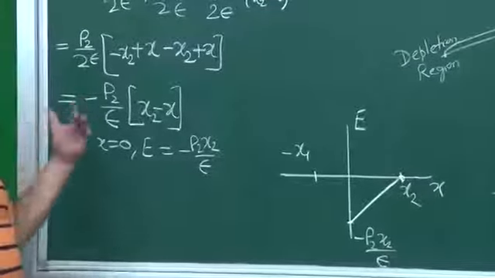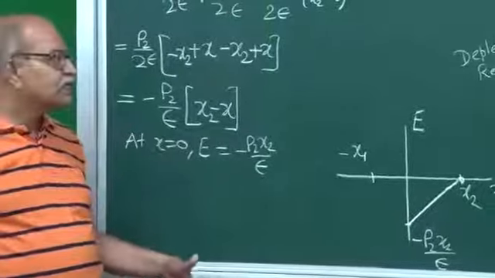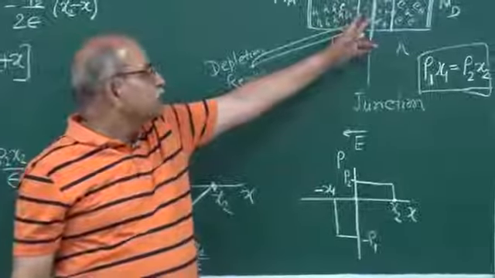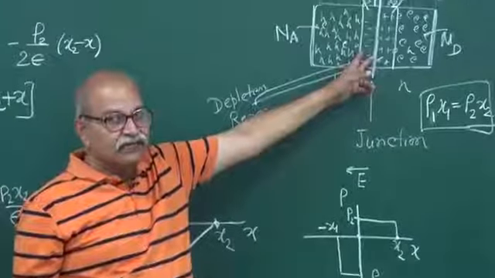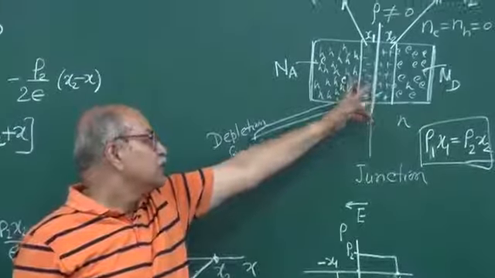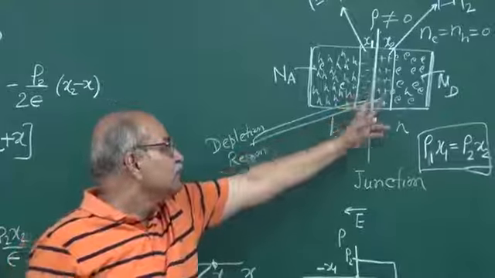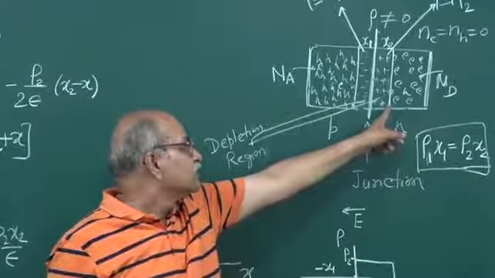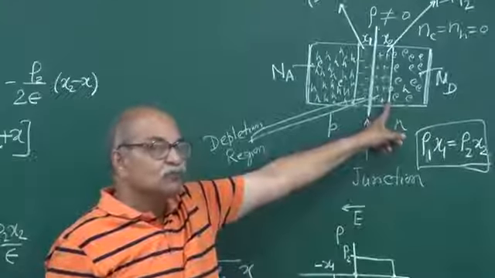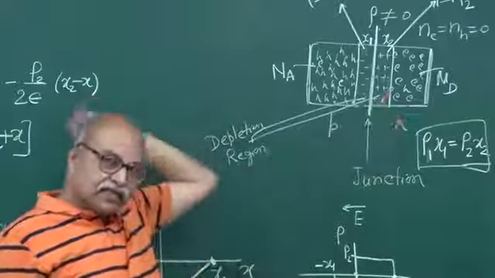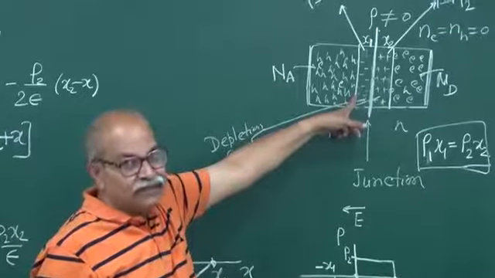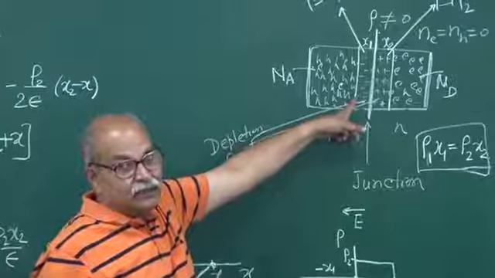You can do a similar calculation for the electric field in this region, this part, and you can just guess what it will be. When I did this, I got the electric field at x equal to x2 as 0. Do exactly similar analysis and you will get the electric field at x equal to minus x1 as 0.